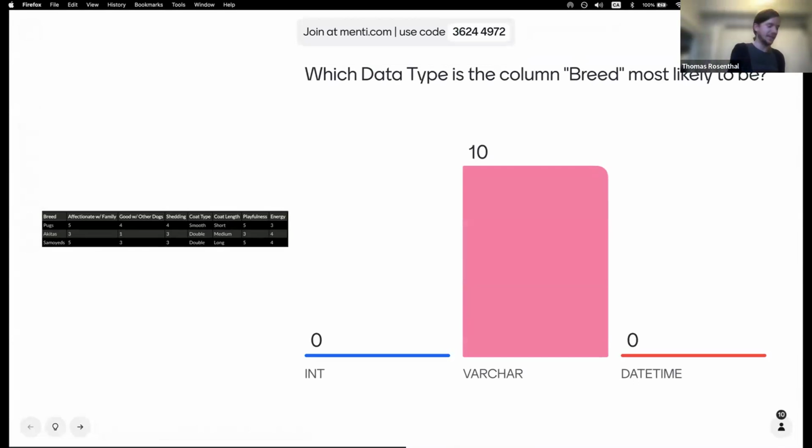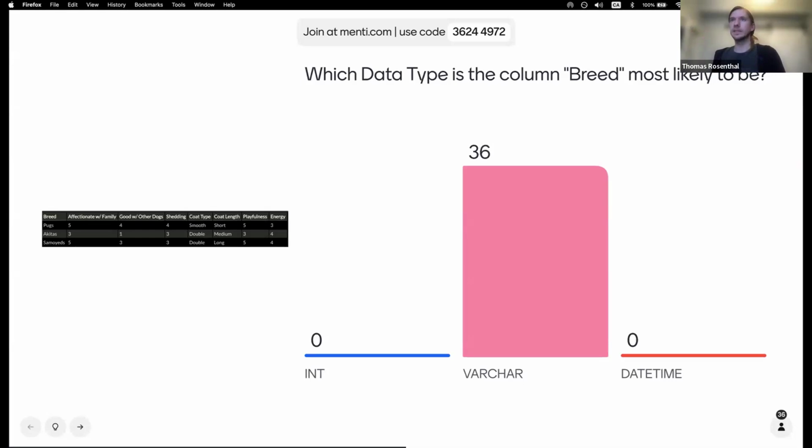So select the right answer. Wait for a few more people here. I do like two of these per class, so it's just about a minute.